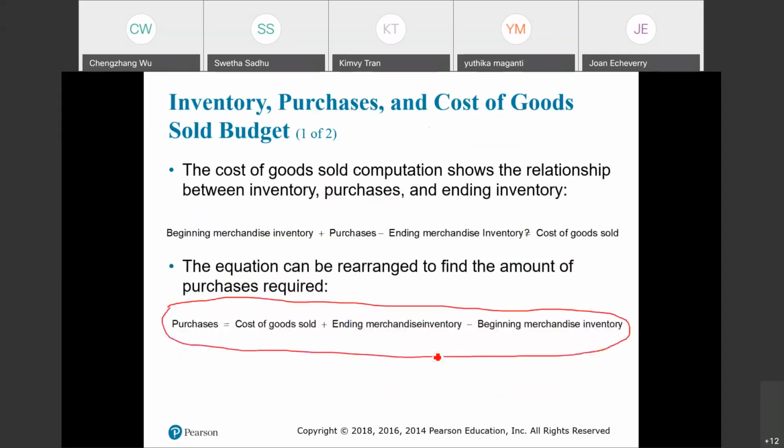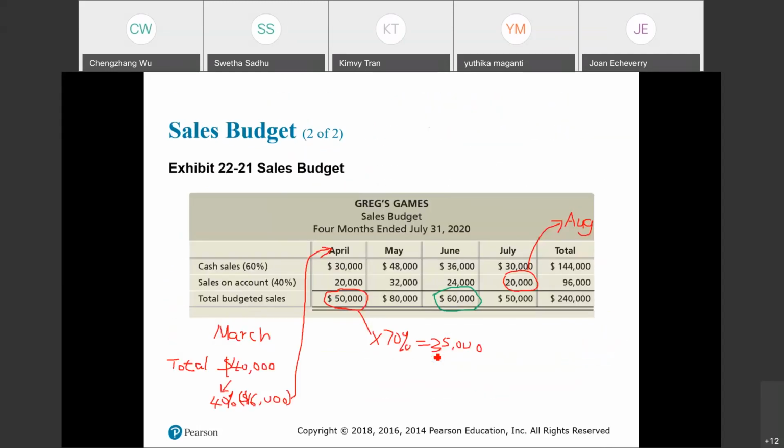Let's go back. Well, I just showed you here. The total sales in March is $40,000. And here I just listed that 40% of the sales in March will be collected in April.